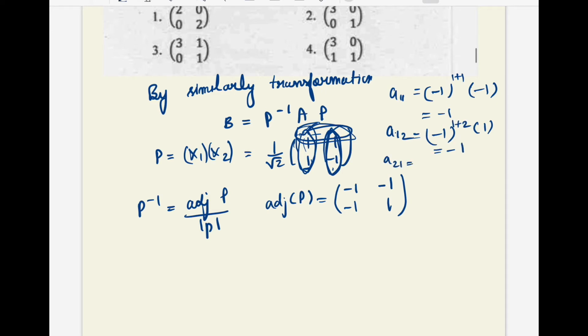Similarly A21 is minus 1 to the power 2 plus 1, and close the second row and first column, this is 1, so again it is minus 1. A22 is minus 1 to the power 2 plus 2, that is an even power, so this will be 1. And A22 means second row and second column, this becomes 1, so 1 is the number, okay.